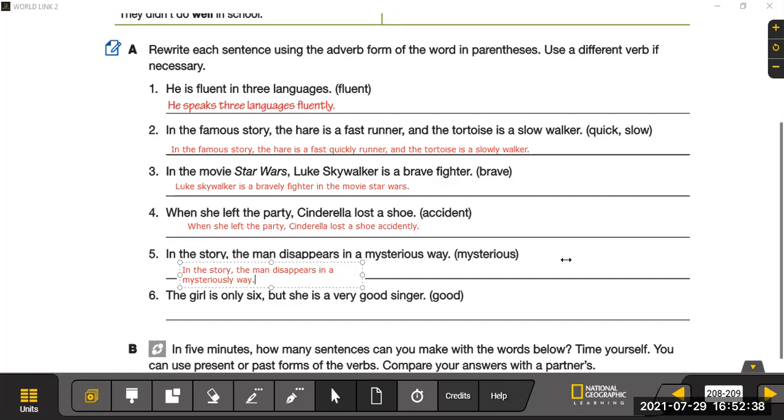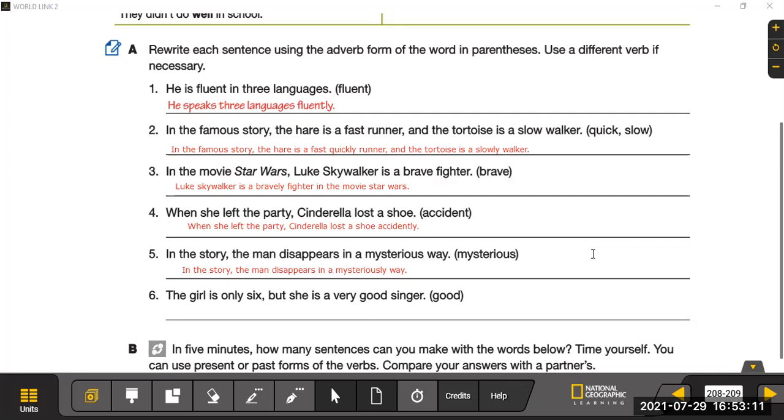Fiordalisa, can you tell me number 6? I'm not sure about this one. It's okay, try. Don't worry. I don't know.